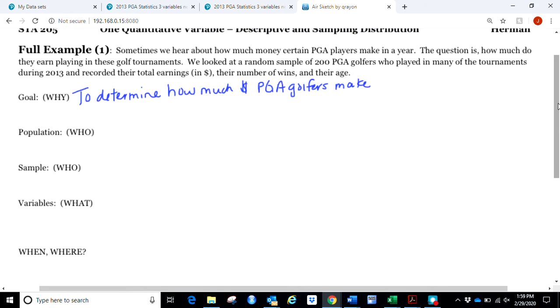So who is my population? Who is the entire group of people we are interested in studying? Well, we're interested in studying how much PGA players make, so we're looking at all PGA players. Who did we sample? Well, I didn't sample all PGA players, just 200 of them.